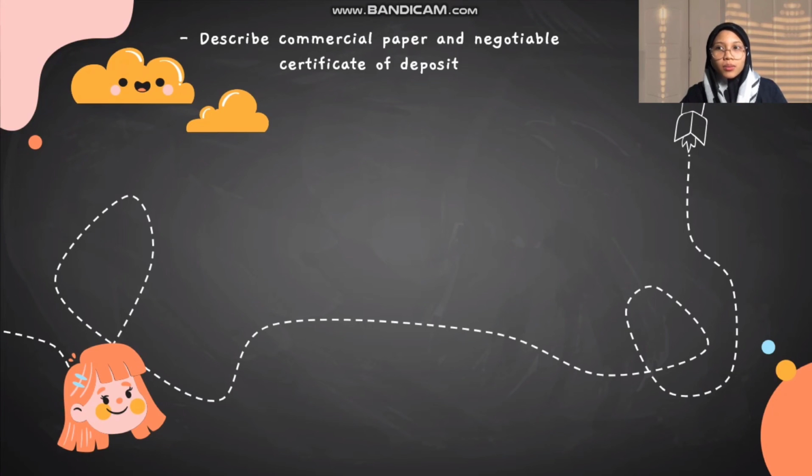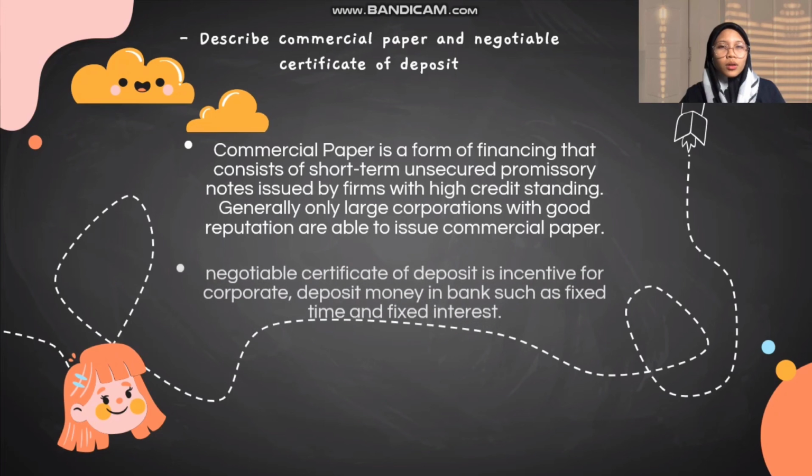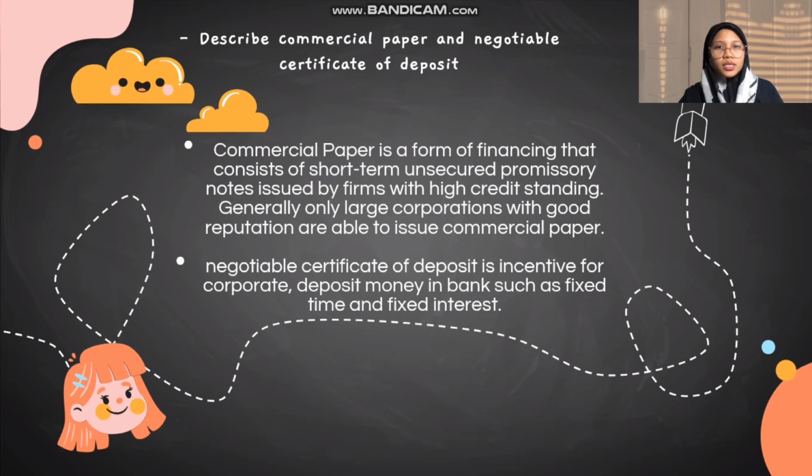The answer is commercial paper is a form of financing that consists of short-term unsecured promissory notes issued by firms with high credit standing. Generally, only large corporations with good reputation are able to issue commercial paper. And negotiable certificate of deposit is an incentive for corporate deposit money in banks, such as fixed time and fixed interest.